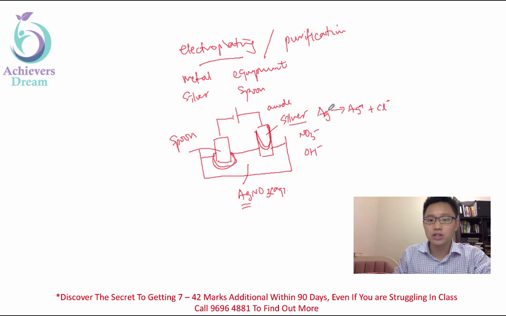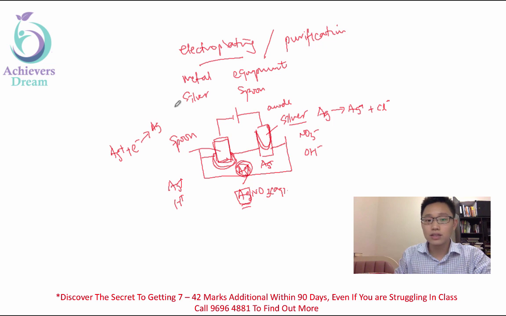When this Ag+ comes here, plus the Ag+ already in the solution, with the ions present being Ag+ and H+, it will encourage Ag+ in the solution to be discharged onto the spoon, which is Ag+ + e- give you Ag.